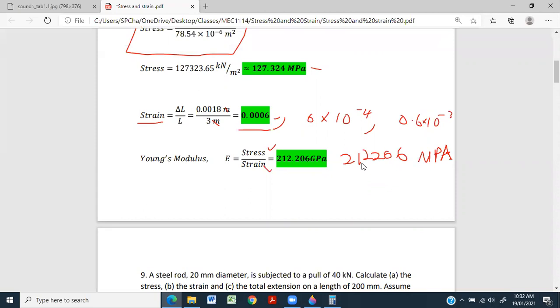And if we divide it by 1,000, we just end up with 212 gigapascals.